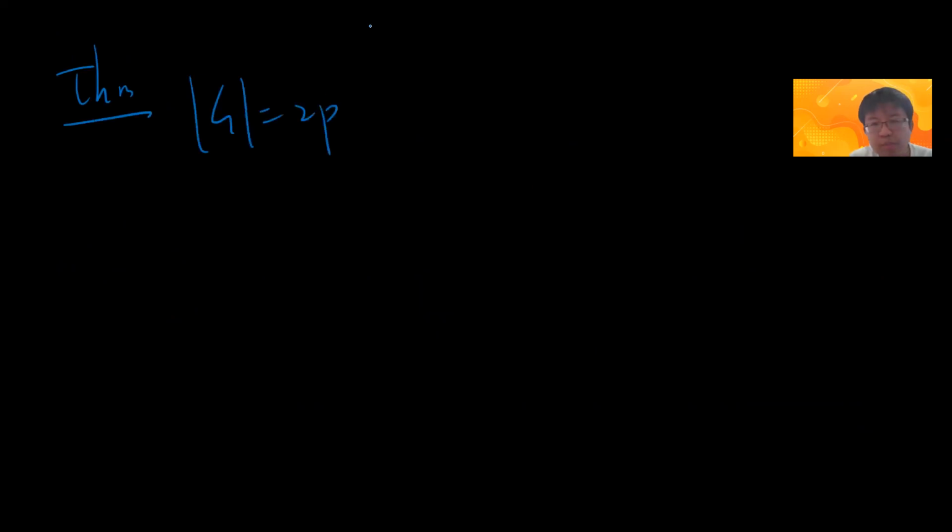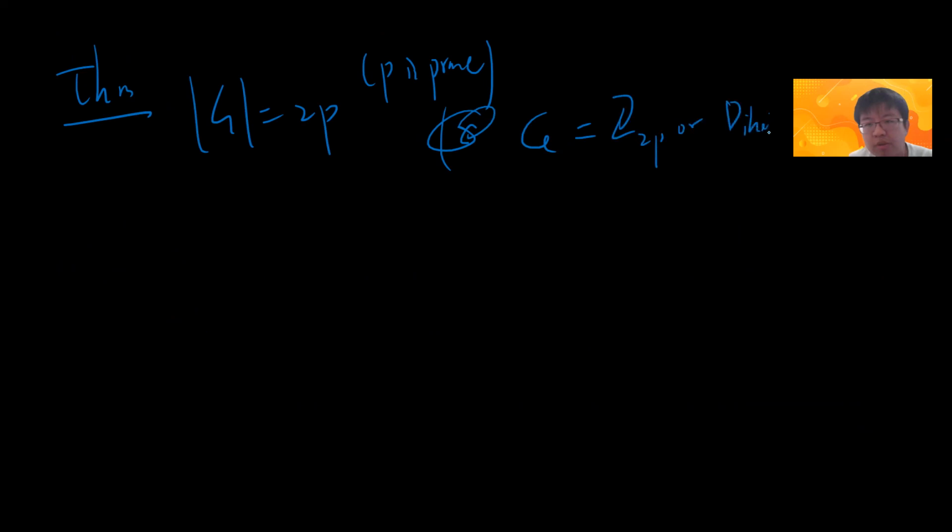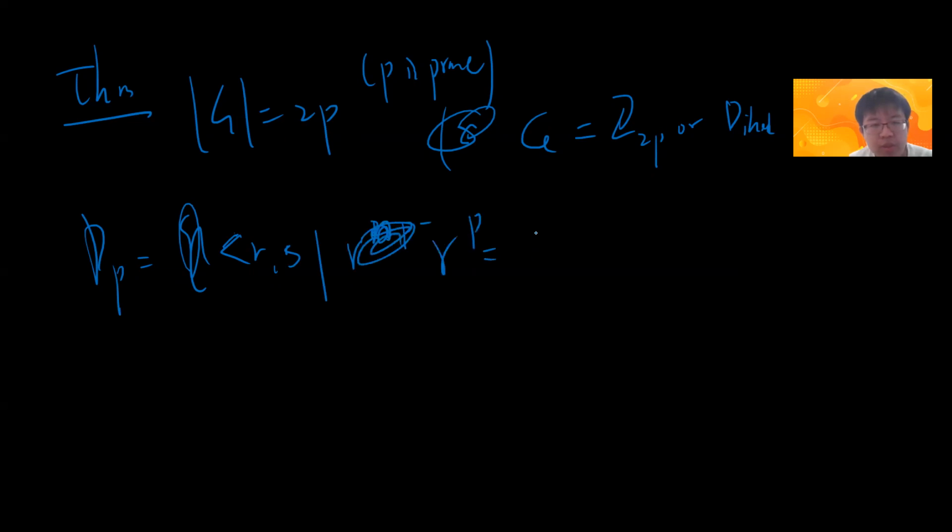G has order 2p, where p is prime, and G must be cyclic or dihedral. Let me write the dihedral group definition. Dp is the dihedral group, generated by r and s, such that r to the p is 1, s squared is 1, and s r s inverse is r inverse.